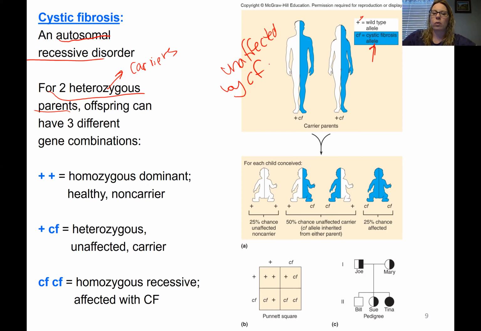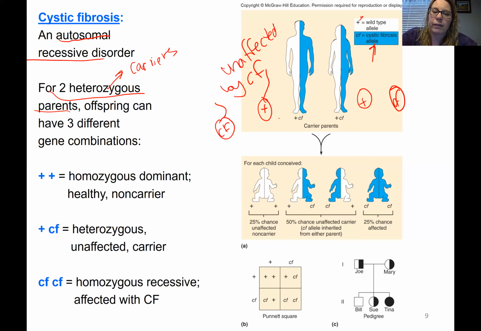If we took the egg from mom and the sperm from dad, one of mom's eggs could have a normal wild type allele and the other could carry that cystic fibrosis allele. Same with dad. You could have this, or you could have that in a sperm cell.